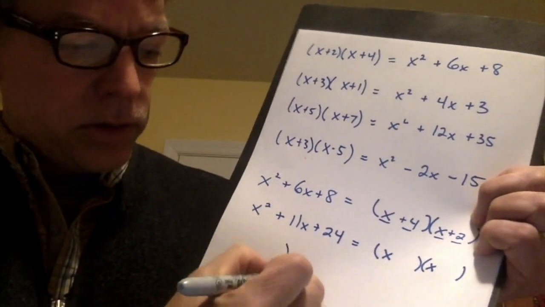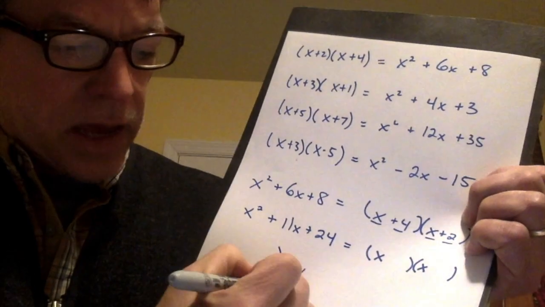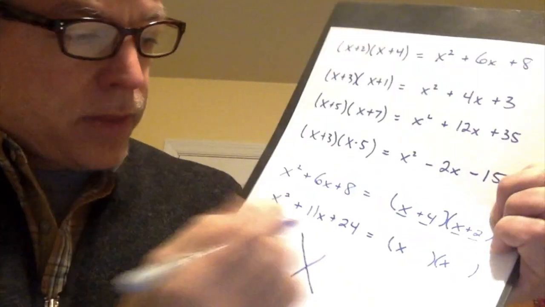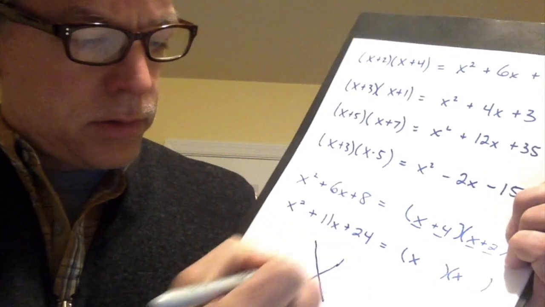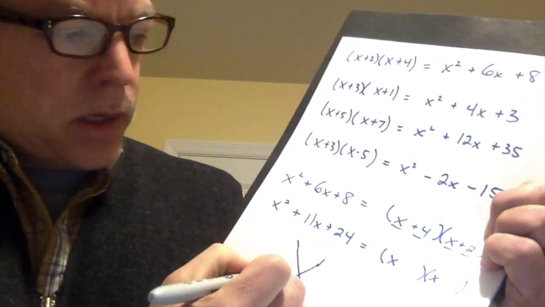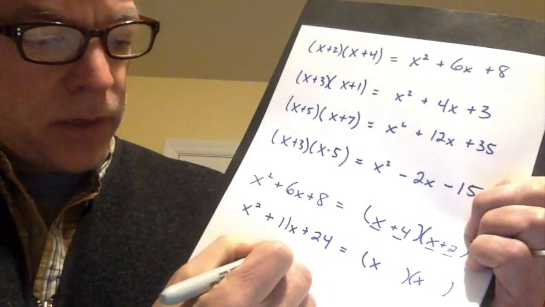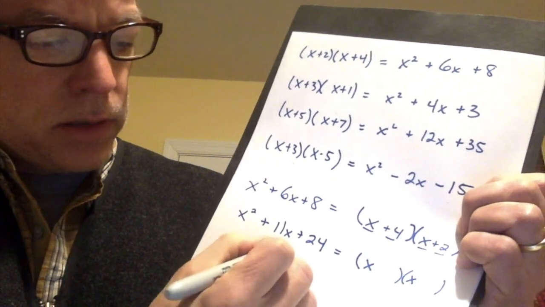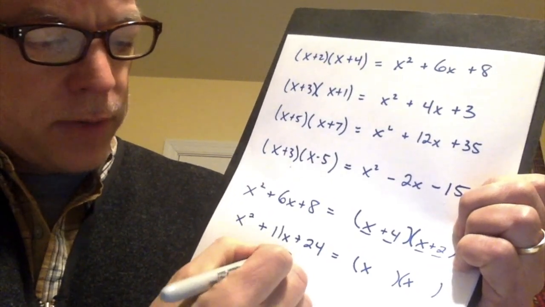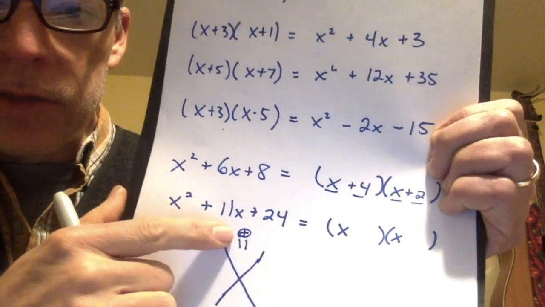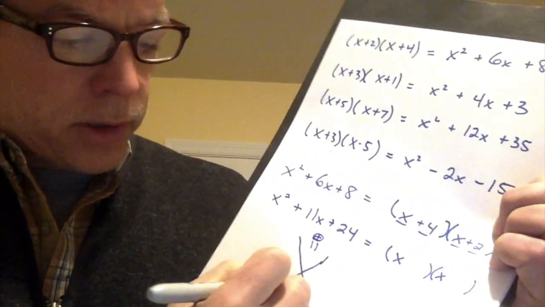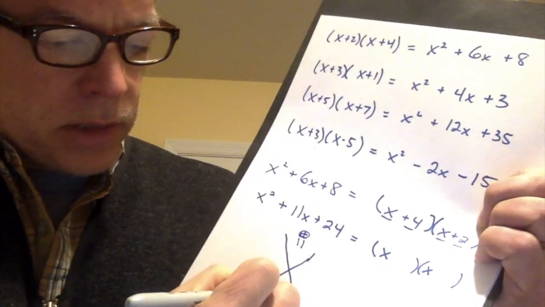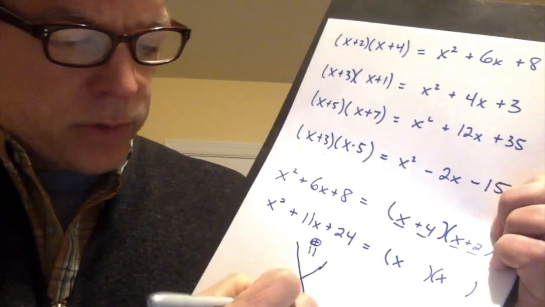They'll draw a long X like this, put the top number here, 11, and they know that they have to find 2 numbers that add. See how I just wrote a plus sign with a circle around it? And then they'll write the 24 here, and they know that those 2 numbers have to multiply to 24.